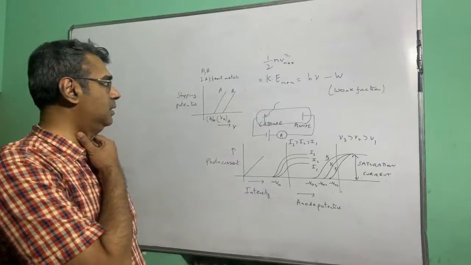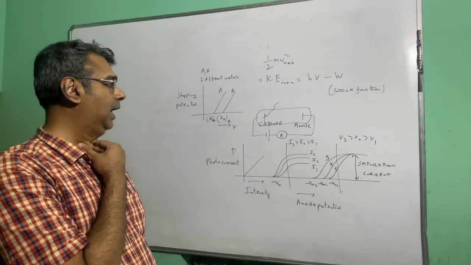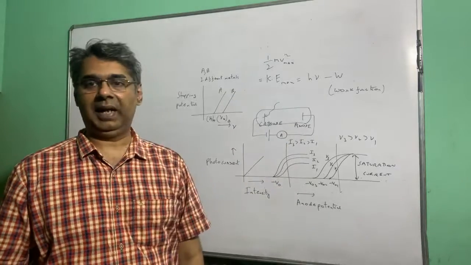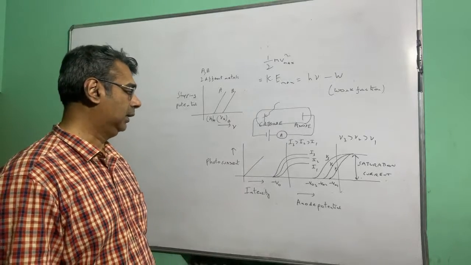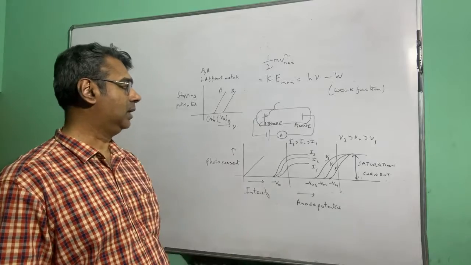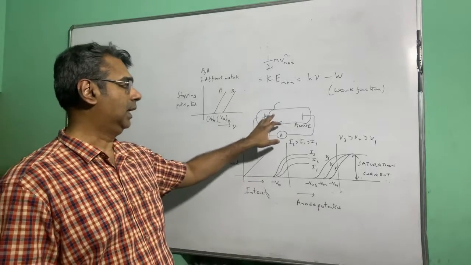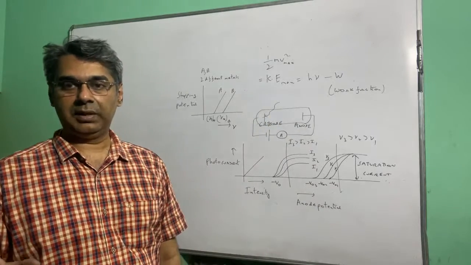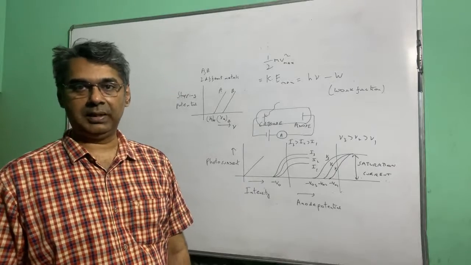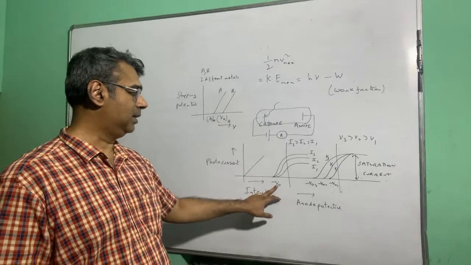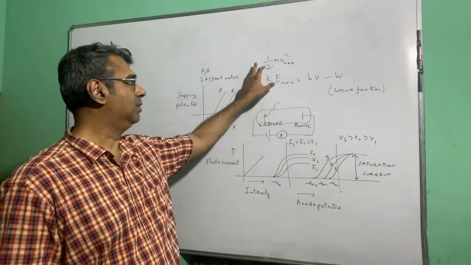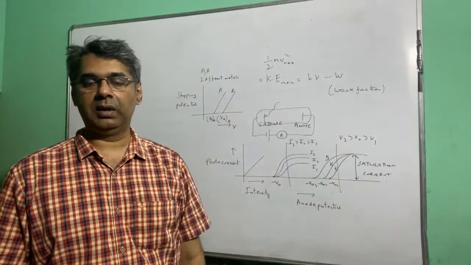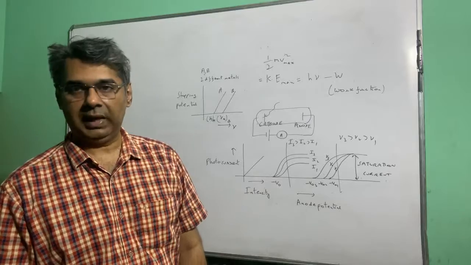Next thing is that suppose I decide to make the anode negative. Then the electrons, instead of being accelerated towards the anode, will be resisted by the anode. And if I make the anode sufficiently negative, minus V0, then even this most energetic electron will find it difficult to reach the anode.